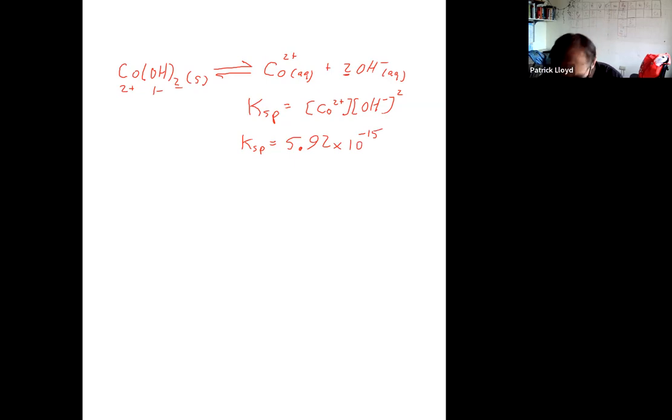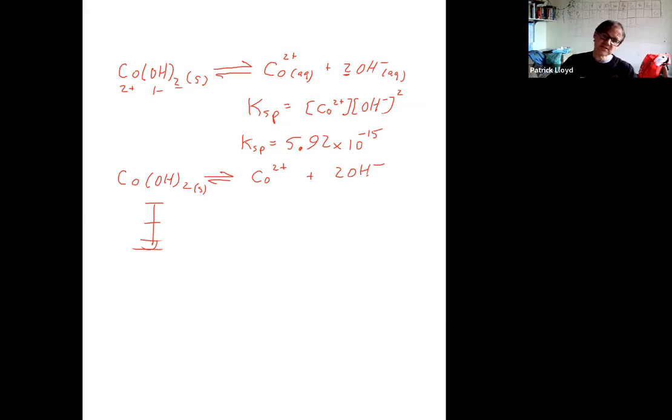Now, here's what we're going to do. We're going to go through the initial, change, equilibrium table. So I'm going to rewrite the chemical equation so we have room for that. Again, this is a solid, so we don't need to worry about it. No concern over solids because they're not involved in the equilibrium. Initially, when this goes into the water, none of it has dissolved.